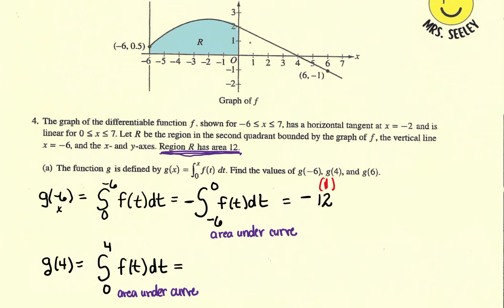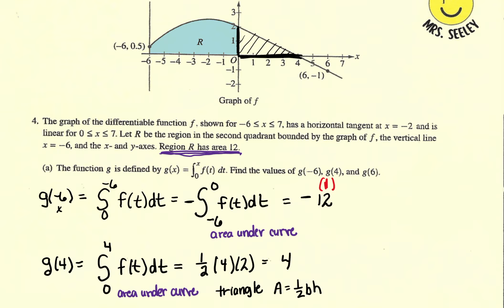If I look at the area under the curve from 0 to 4, we have a triangle right there. You know that the area of a triangle is 1/2 base times height. So 1/2, the base of that triangle is 4, and the height of that triangle is 2. So do your math, and you get 4 for that area. If you got that value, give yourself another point.